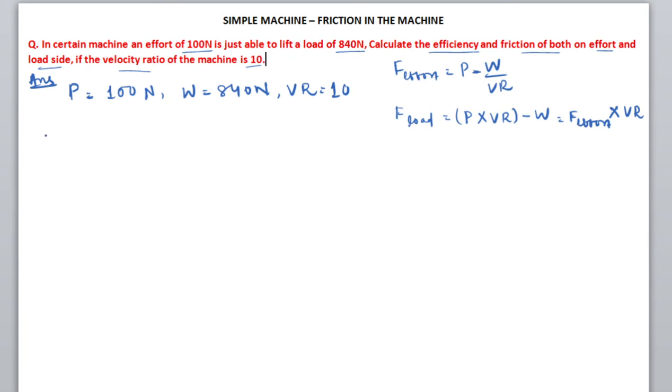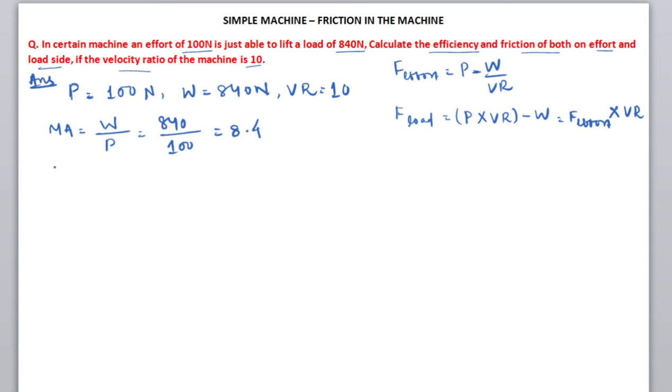In order to calculate the efficiency, we need to calculate the mechanical advantage. So mechanical advantage is load lifted by effort applied. The load lifted is 840, effort applied is 100. We got mechanical advantage as 8.4, and mechanical advantage again has no unit.